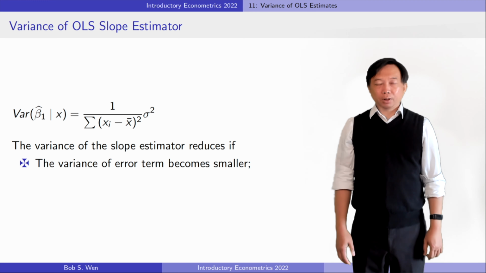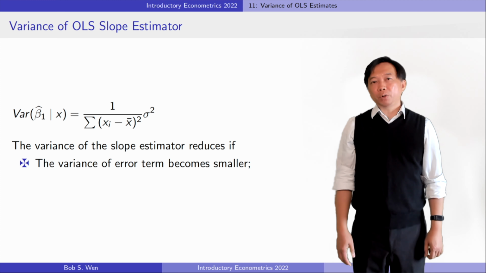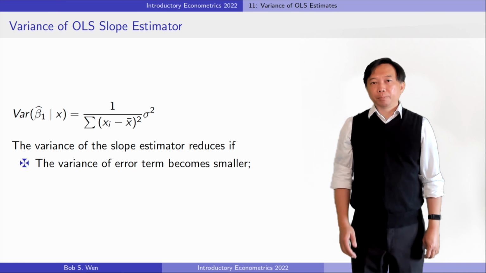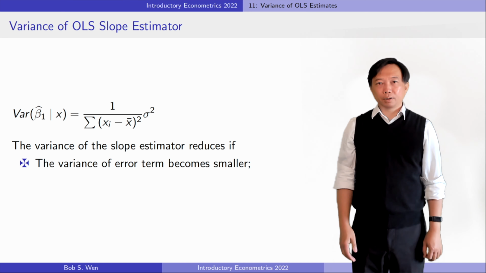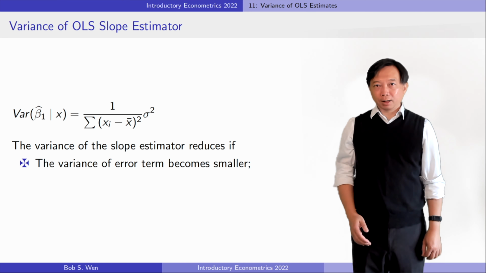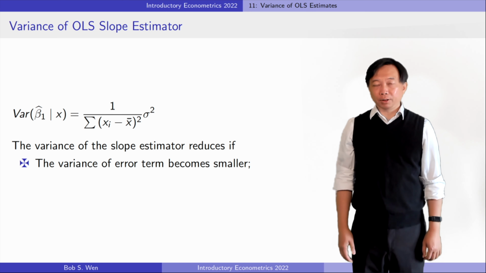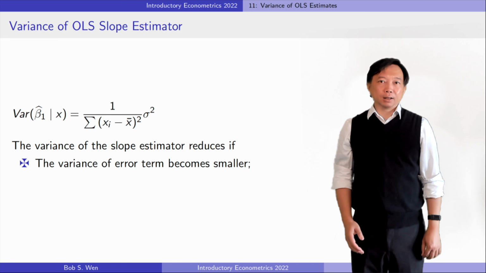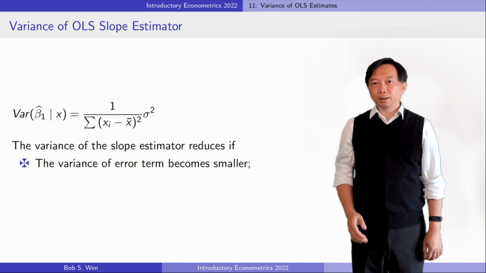First, the slope estimate's variance decreases if the variance of the error term becomes smaller. It makes sense because less variation in the unobserved factors in the error term affecting y makes it easier to estimate beta 1 precisely.